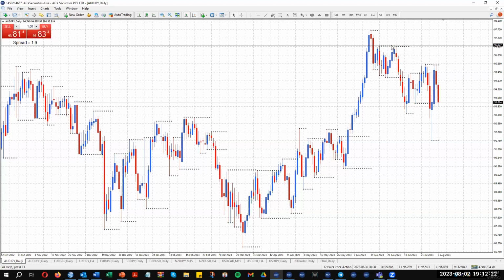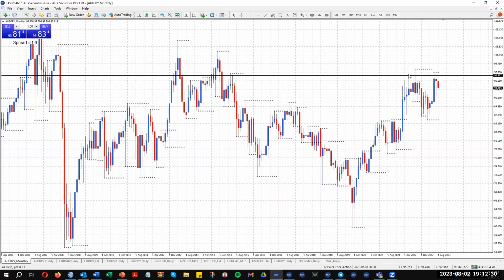Primarily, with a nice double top here and a very good drop, and it all came from the higher time frames, or the highest time frame really, is this potential failure here.